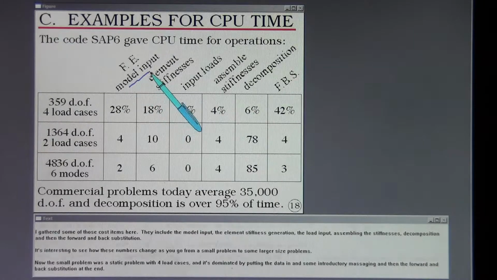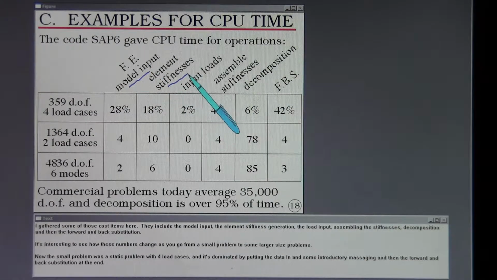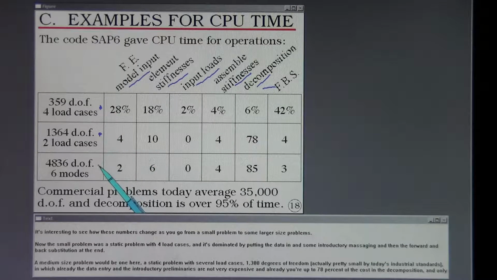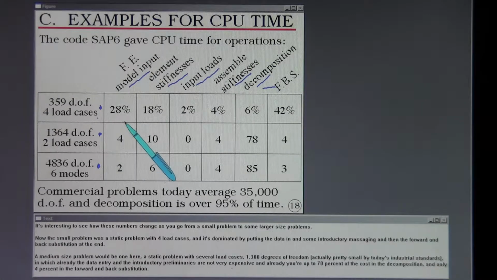They include the model input, the element stiffness generation, the load input, assembling the stiffnesses, decomposition, and then the forward and back substitution. It's interesting to see how these numbers change as you go from a small problem to some larger size problems. Now, the small problem was a static problem with 4 load cases, and it's dominated by putting the data in and some introductory massaging, and then the forward and back substitution at the end.